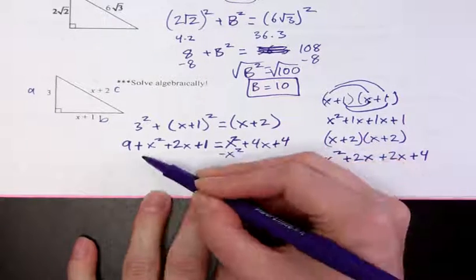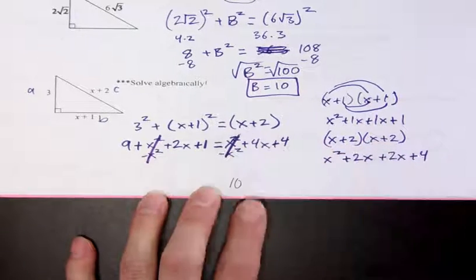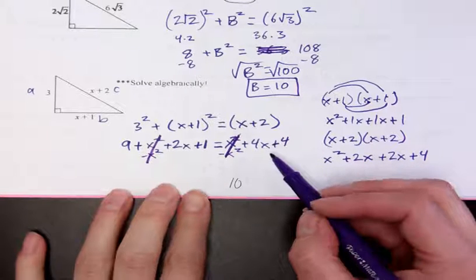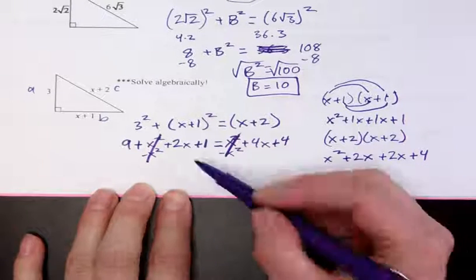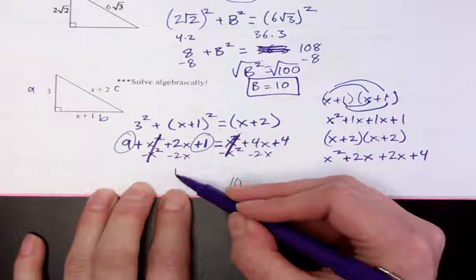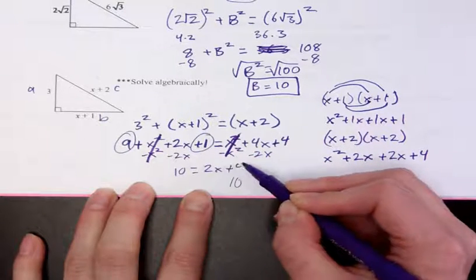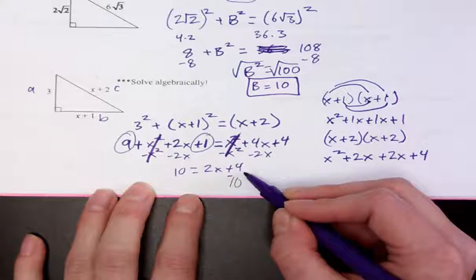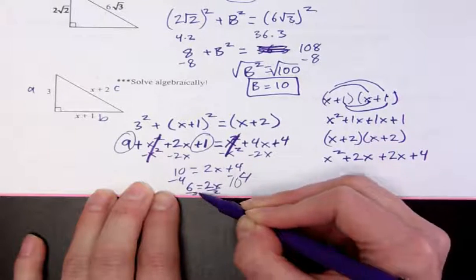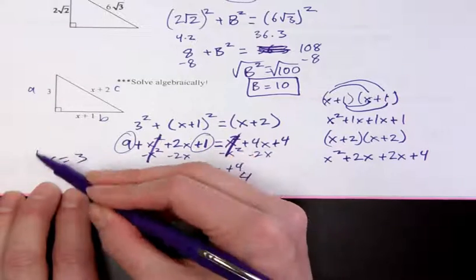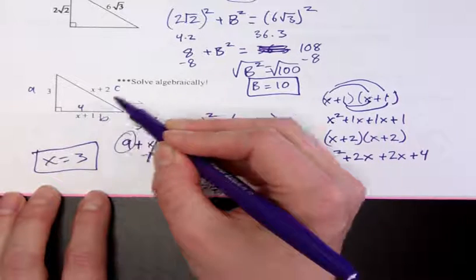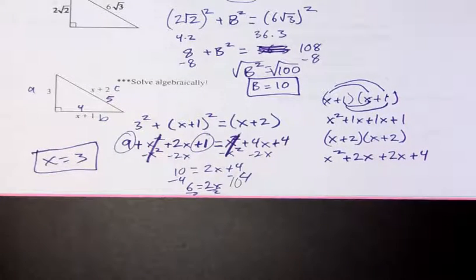When I subtract x squared from this side, they cancel each other out, so we are not going to have to factor. Then I can just solve algebraically. If I subtract 2x and then combine my 9 and my 1, I have 10 equals 2x plus 4. Subtract 4, and x equals what? So x equals 3. And like Matthew pointed out, when you plug that back in, that becomes 3, 4, 5, which is a triple, and we know we did it right.